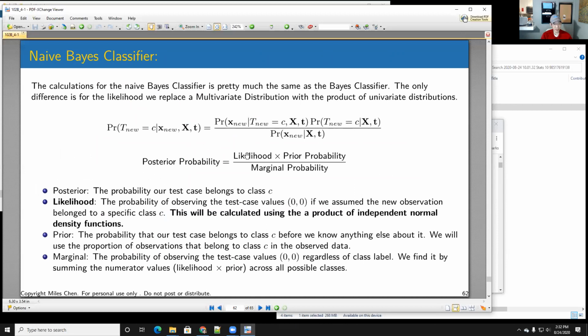And so we follow the same rules, but this time the likelihood does not need to be calculated using the multivariate normal, okay? We can calculate the likelihood as the product of independent normal PDFs, right? So we can just take the normal PDF using dnorm and take a product of those.